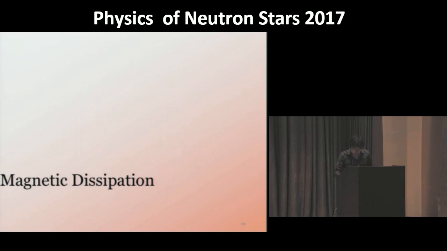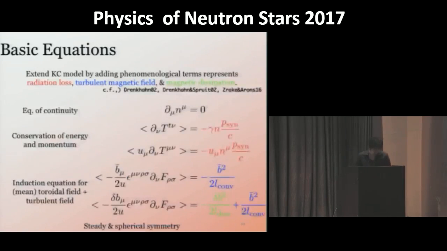So this is my model. These are just the MHD equations in four-form, a bit complicated, but they just extend the Kennel-Coroniti model by adding some phenomenological terms representing the radiation loss.